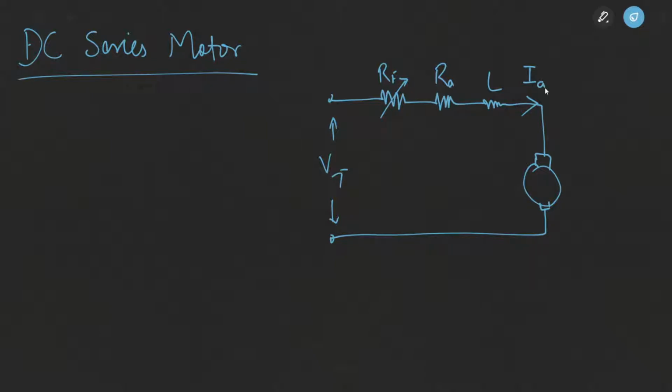So we can actually neglect the inductance in the DC motor. And Ea represents the internal generator voltage of the DC motor, or you can also say this is the back EMF of the motor.